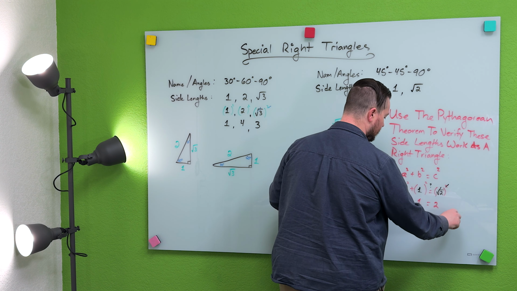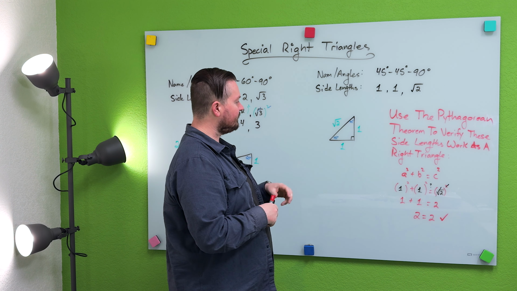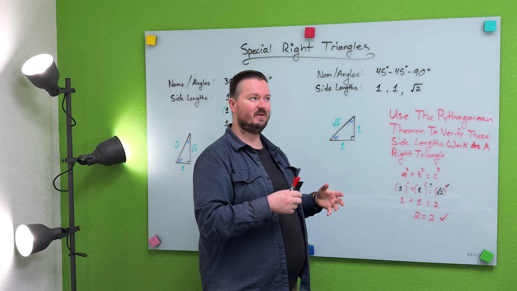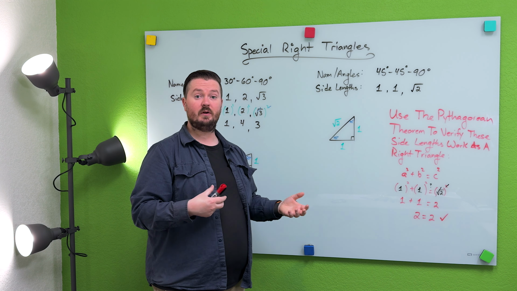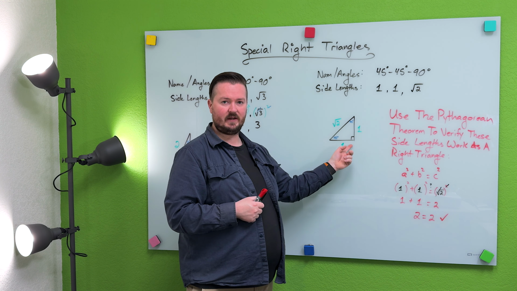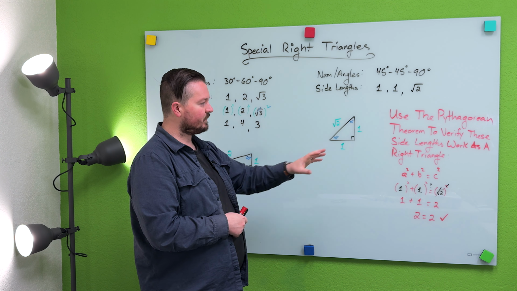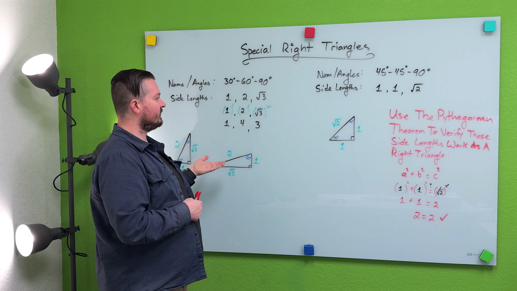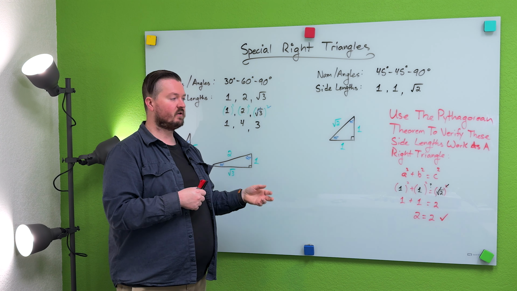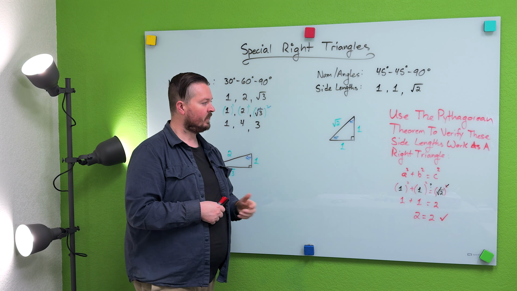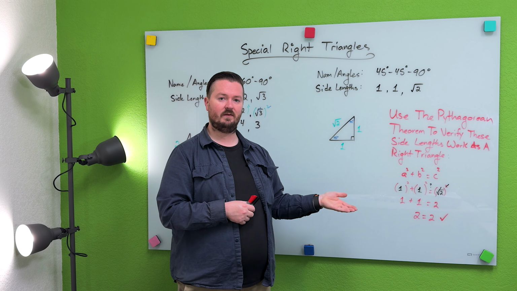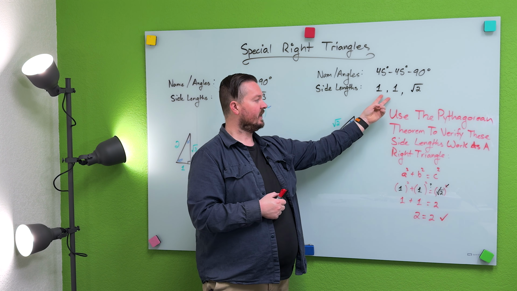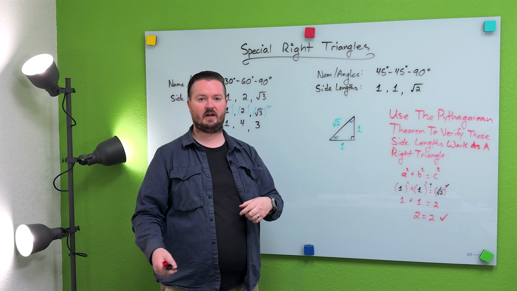So we have shown, using the Pythagorean theorem, that if we use these sides on a triangle, they do in fact work for a right triangle. So this part was just to help you understand how we can verify that these two special right triangles do in fact turn into right triangles with these side lengths. And also, this is just a fun fact of another way of using the Pythagorean theorem, which is to verify that specific side lengths do in fact work on a right triangle.